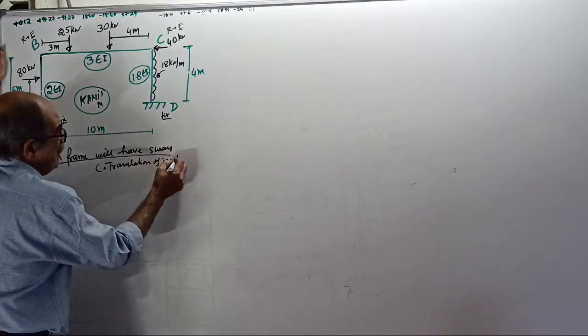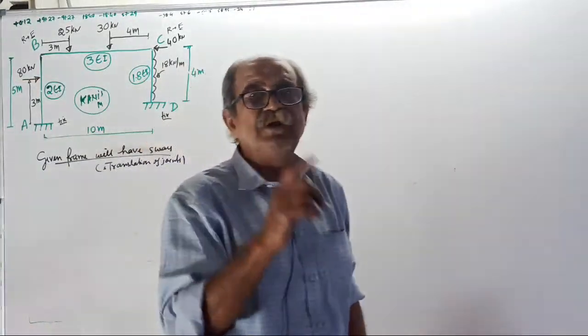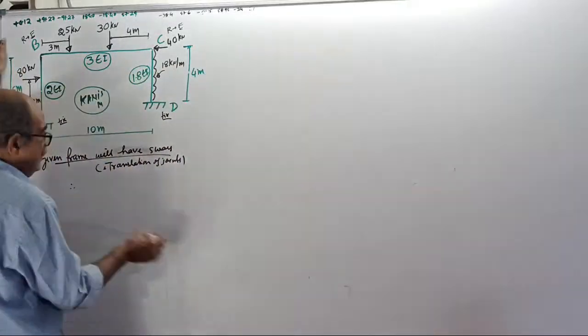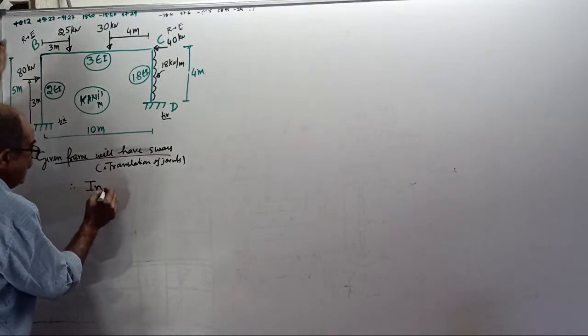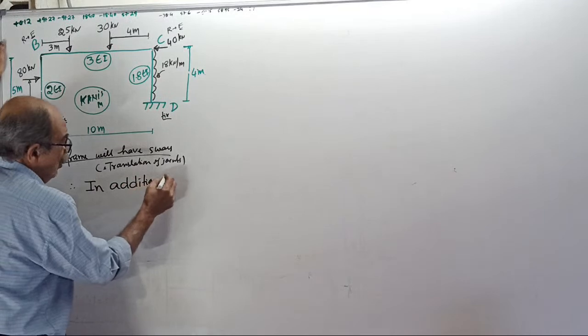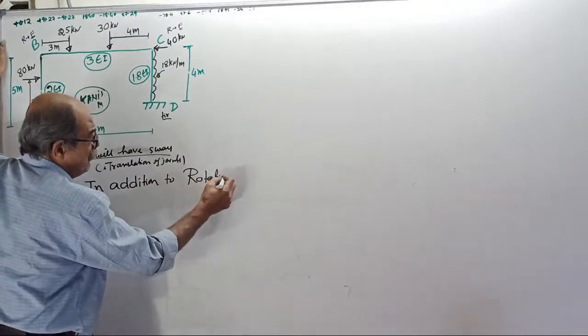Remember, this we did in MD and SD also. In MD and SD also we wrote that it has got sway. Right here. Note. Therefore, in addition to rotation contribution, be very careful.